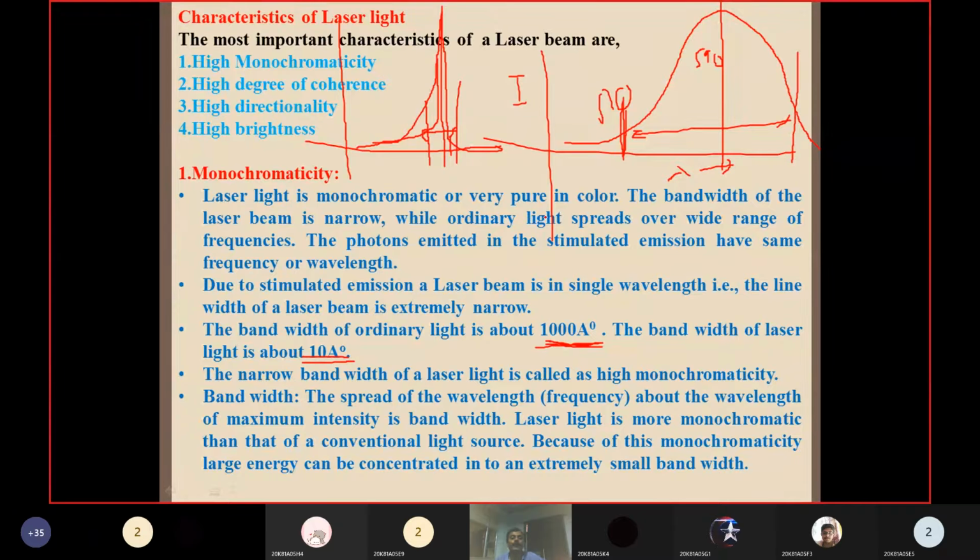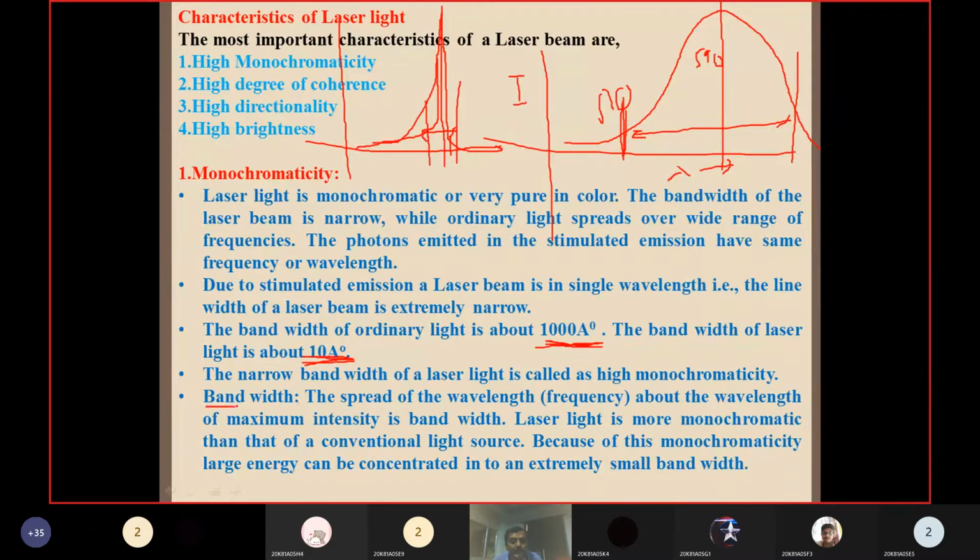Normal light also has monochromaticity, but the order is very low. In lasers it is a high order of monochromaticity because of the narrow bandwidth.